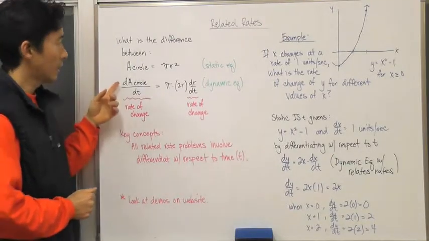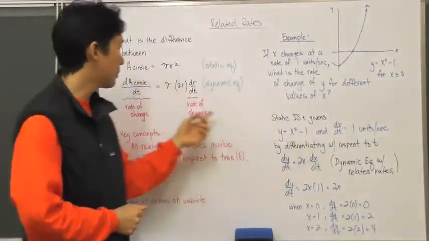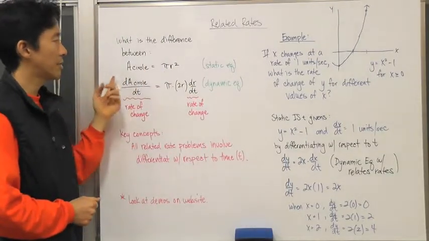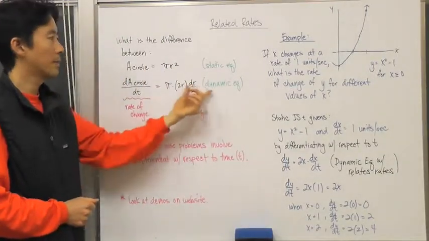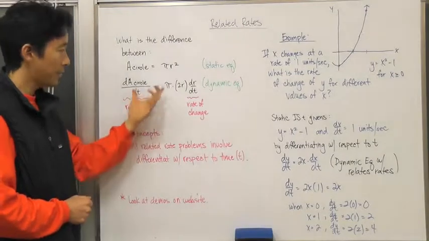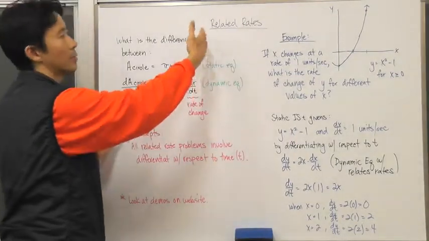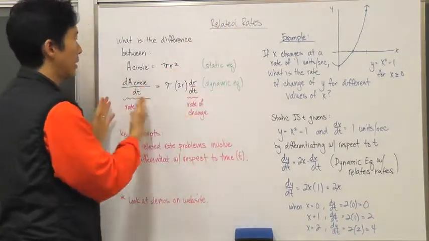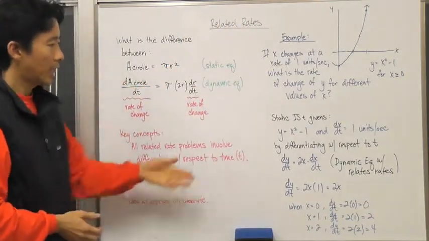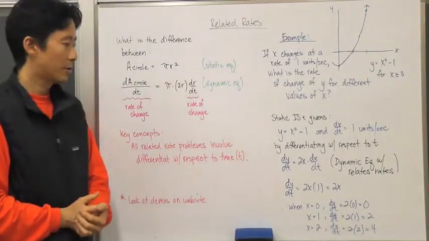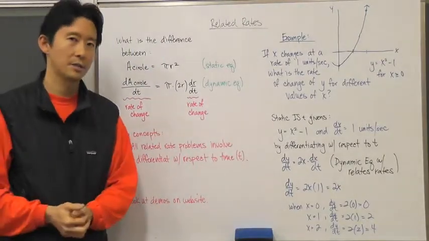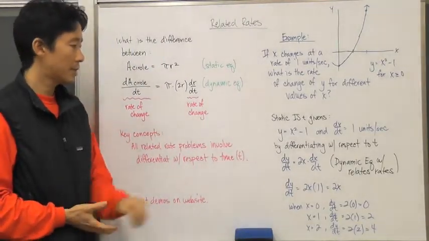Second, if you start off with the static equation, can you differentiate with respect to t to come up with the dynamic equation? If you can do that, then what you're doing is looking at related rates, or relating the rates of change through the dynamic equation, and then you can solve for particular rates of change. Okay, so that's a very simple example.